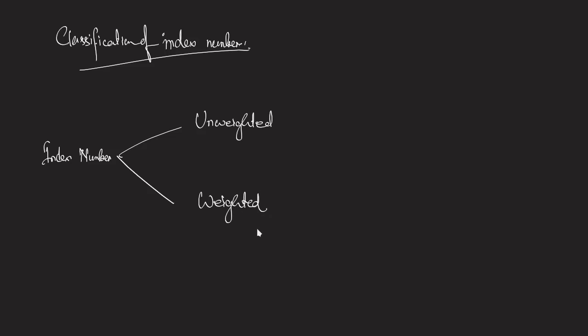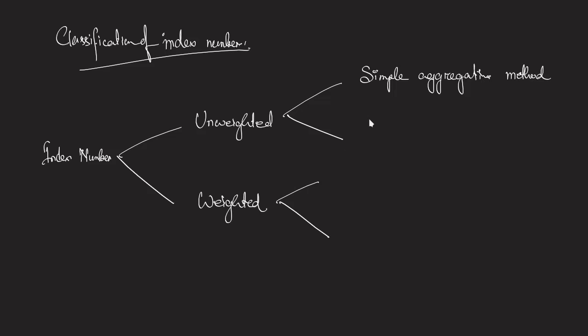So weighted আৰু unweighted বুলি দুটা বেলেগ ধৰণৰ index number থাকে. Unweighted দুটা type থাকিব, weighted দুটা type থাকিব. So first type of unweighted is simple aggregative method. These are methods of constructing index number. And unweighted ৰ next হ'ল simple average of price relative.